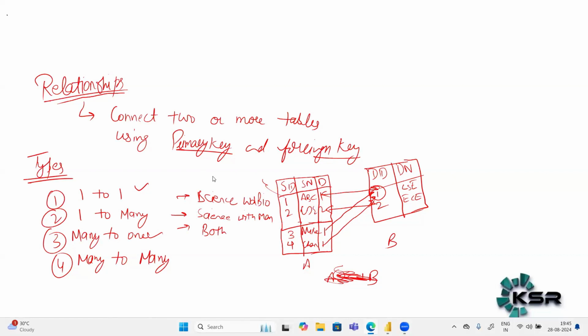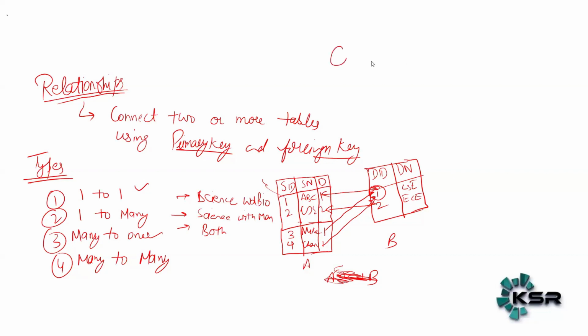Okay, let me take a good example from our corporate world. Suppose I am a team member, okay? I'm working here at KSR as a mentor also, as an instructor also, right? And similarly, suppose I'm an employee also, correct?